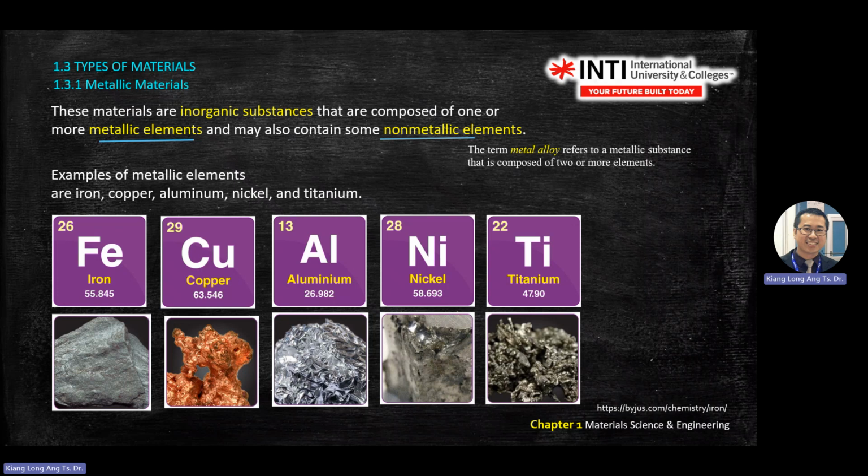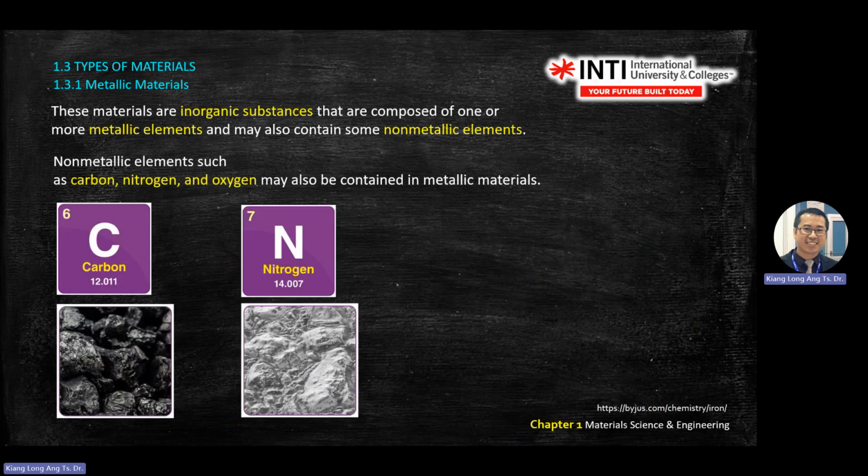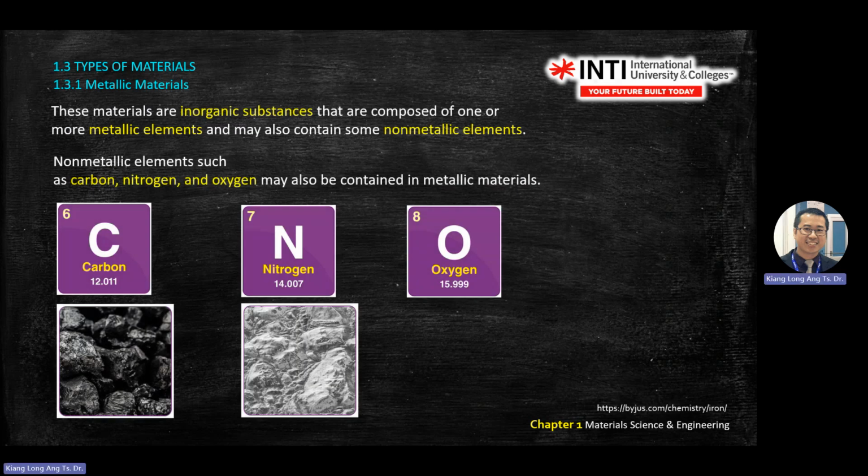Okay. So we start to introduce a little bit. Just recall back. So what are the inorganic substances that are non-metallic? Carbon, nitrogen, and oxygen. These are the other side of the elements.